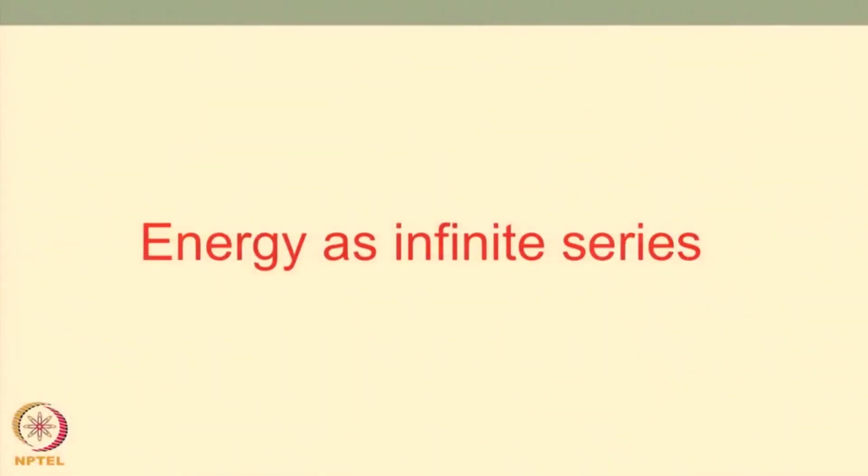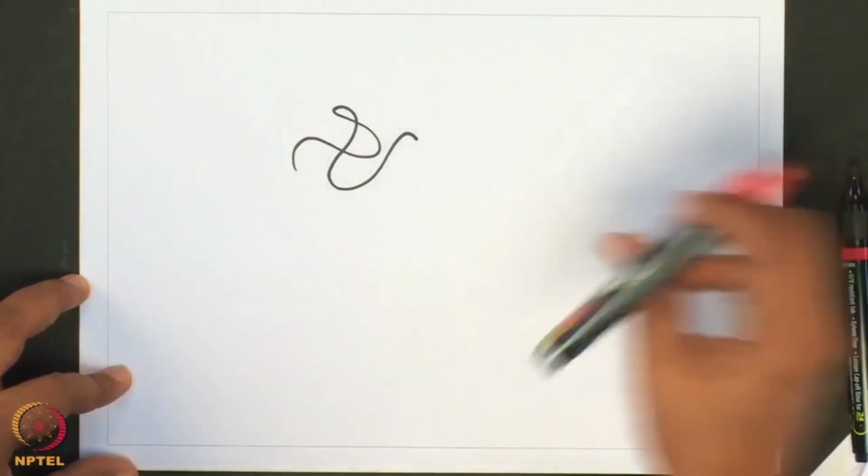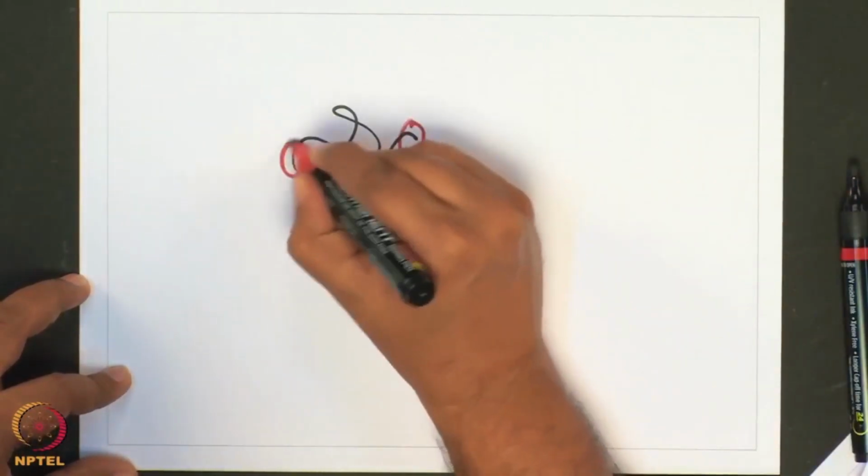Can we use this for some other function? Of course, we can use energy as an infinite series. So let us think about it. What do we want? We want to know the energy of a molecule. So let us say we have some molecule, and these two endpoints are important.